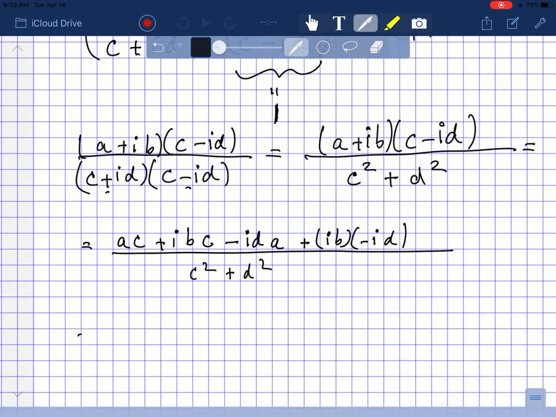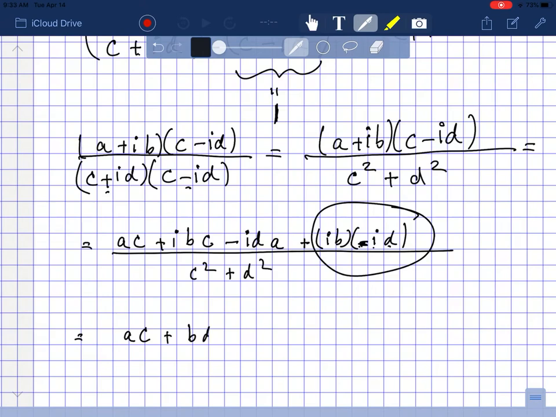And this in turn is equal to, well, it's going to be A times C, and then let's look at this term here. Here I have I times B times minus 1 times I times D. Well, we know that I times I is equal to minus 1, times the minus 1 from the minus sign, that gives me 1, times BD.